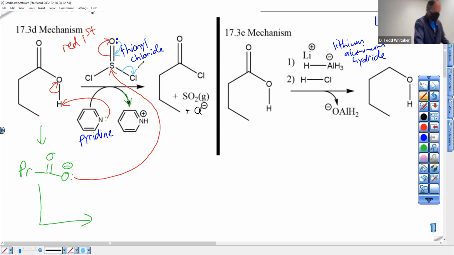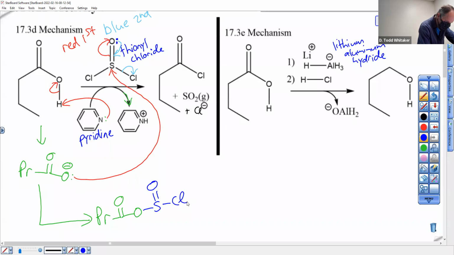Okay? Two steps. Blue second. You got a propyl attached to a carbonyl, attached to an O, attached to a sulfur, still has one chloride, and lost another chloride. There you go.